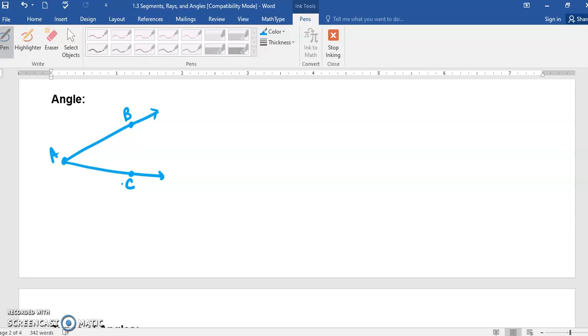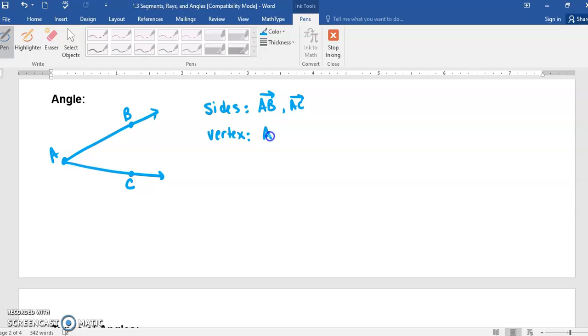Now, in order to name that angle, the sides of the angle are ray AB and ray AC. A is called the vertex, so that common endpoint is called the vertex.